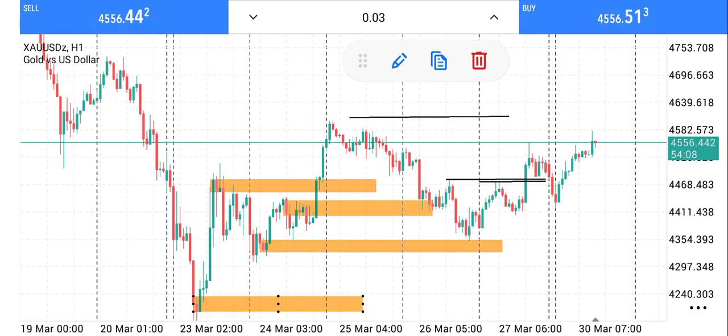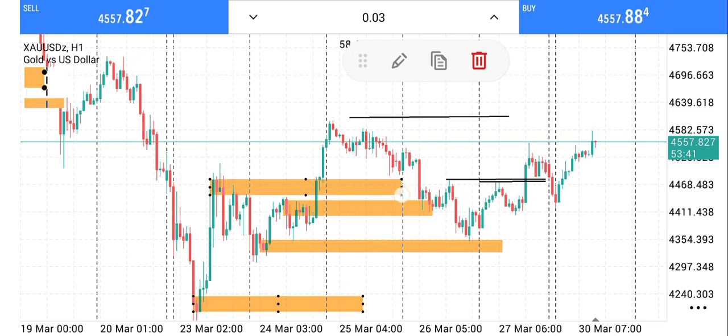So if you look critically, you will discover that we have many POIs. This one was unmitigated, the second one was unmitigated, and the third one was unmitigated. All were unmitigated. So the final rule in picking a proper point of interest says that you should pick the point of interest that is closer to your inducement, which was supposed to be this.